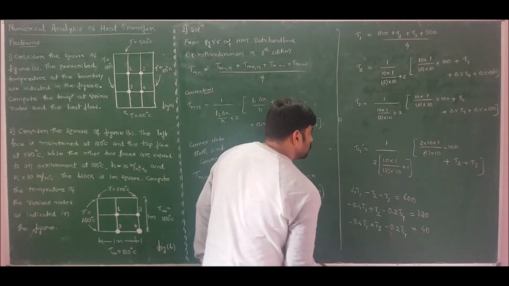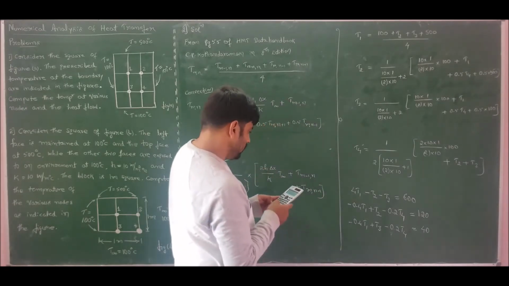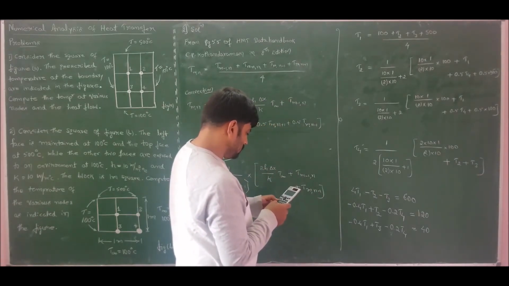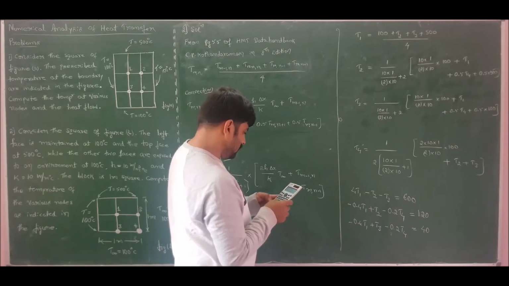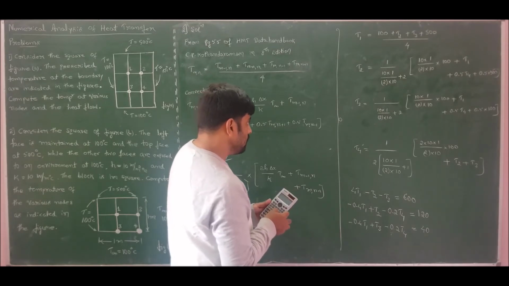So finally, from this expression, we don't have T1. So if I simplify, I will get 1 divided by 2 into 1.5, which is 1 by 3.